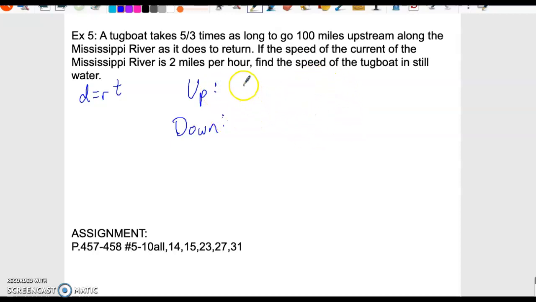So upstream, we're going 100 miles, which is the same downstream. So the rate that we're going, let's see. Well, if we're going upstream, I always hate this.